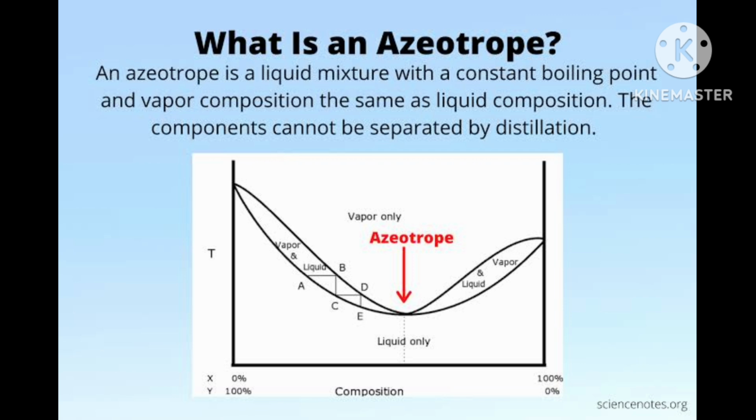In case of negative deviation from Raoult's law, the intermolecular attractive forces between AA and BB are weaker than those between AB, and this leads to a decrease in vapor pressure.